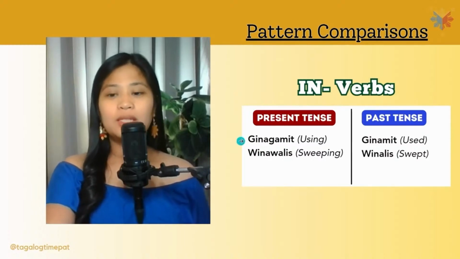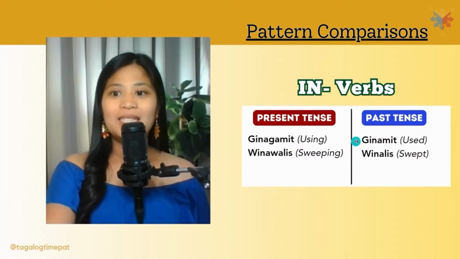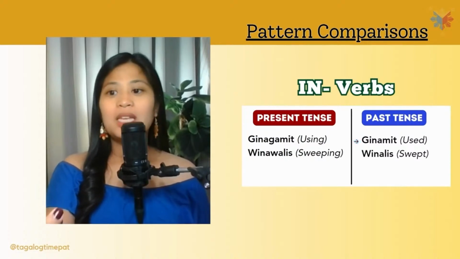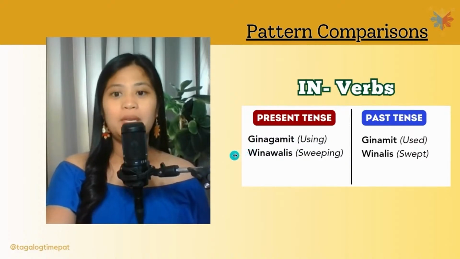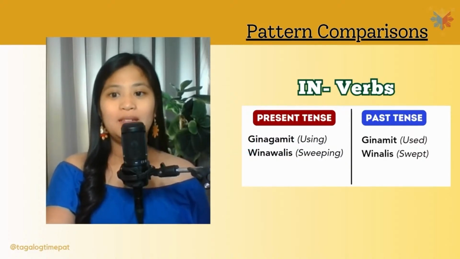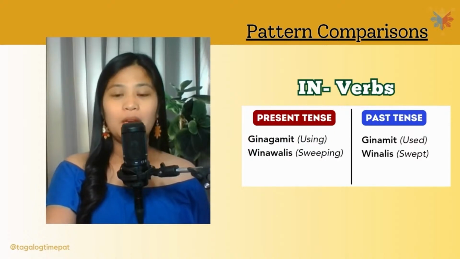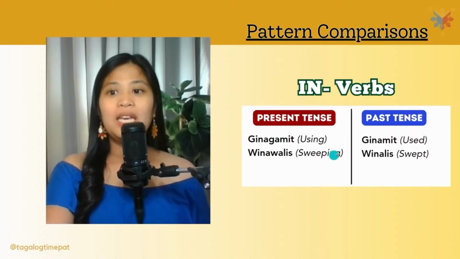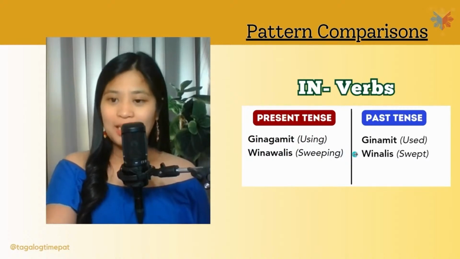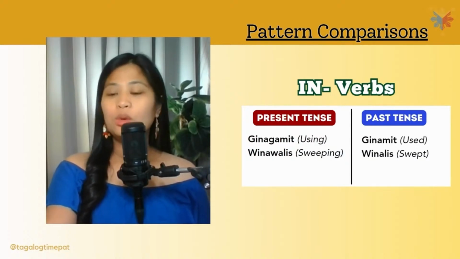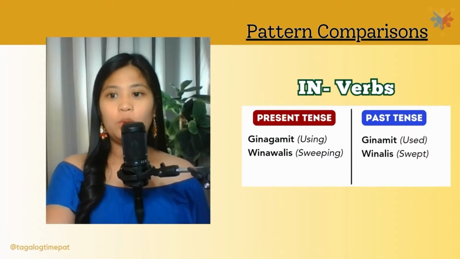I am using something. Past tense, ginamit. That means I used something. In the present tense, to sweep is winawalis. That means sweeping. In the past tense, it's winalis. Winalis ko yung sahig. I swept the floor.